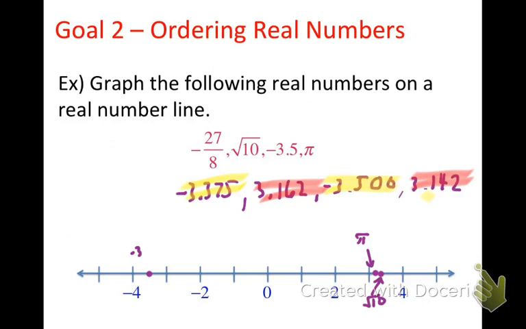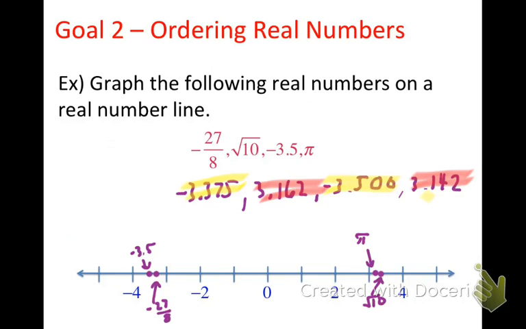Label it as negative 3.5, the way it originally was. And then negative 3.375 is going to be a little closer to negative 3 than that was. So maybe like right there. We'll label that in its original form, negative 27/8.